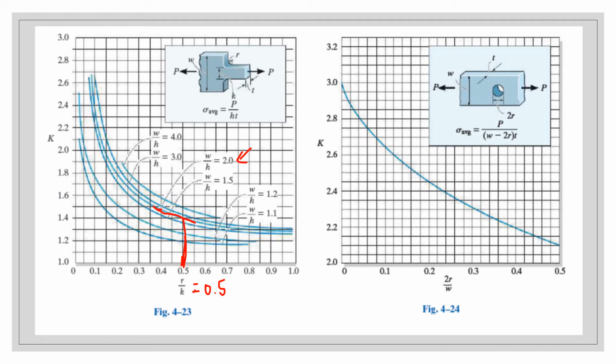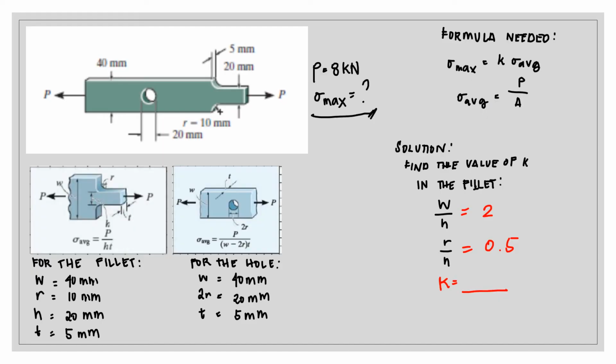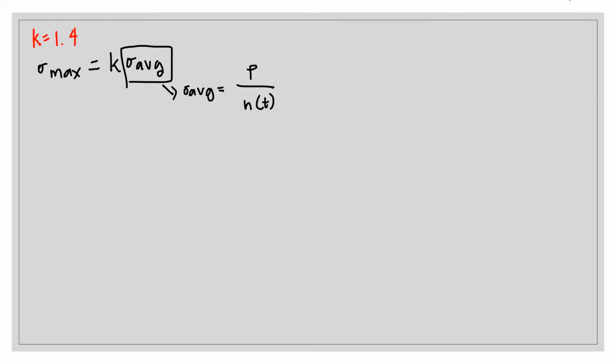So our value of K would be 1.4. Based on the chart, our value of K is 1.4. Since we now have the value of K, we could solve for the maximum normal stress in the fillet.